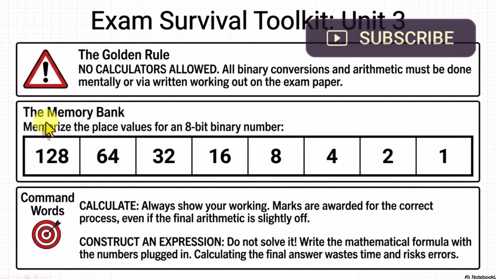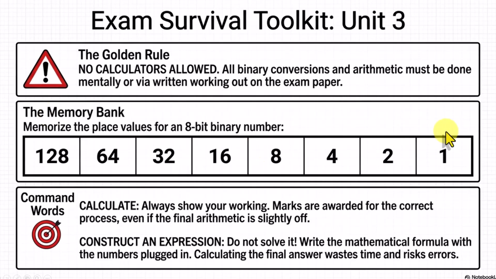For that you need to memorize these numbers: 1, 2, 4, 8, 16, 32, 64, 128. That is not very difficult. Each value is double the previous value. You will use this to answer different questions. You can change binary to decimal or decimal to binary using this.